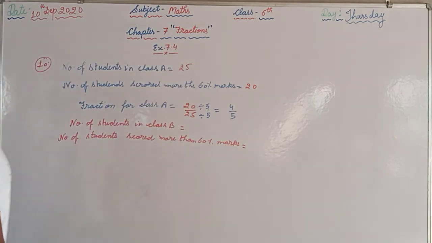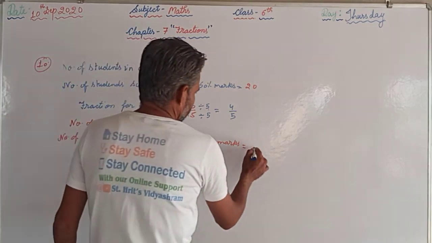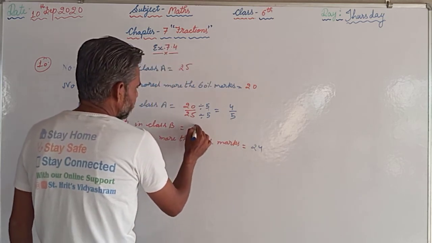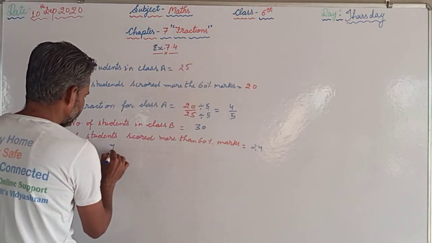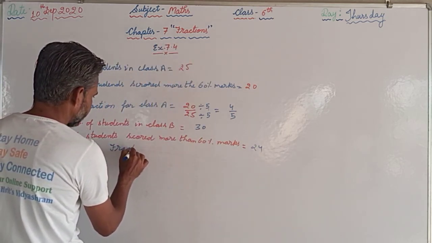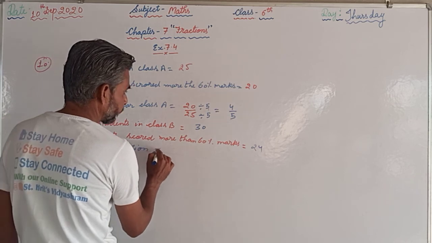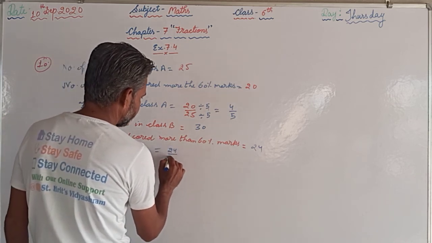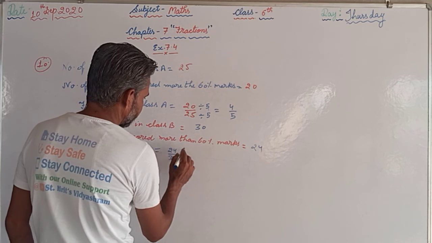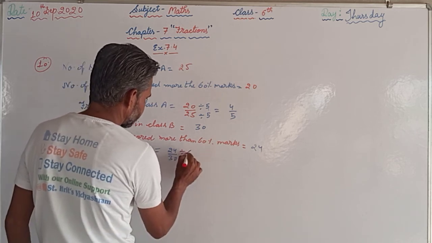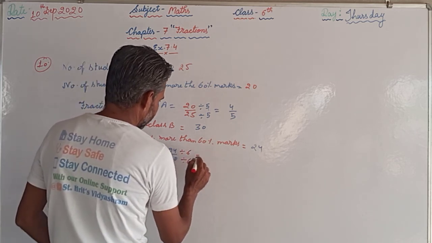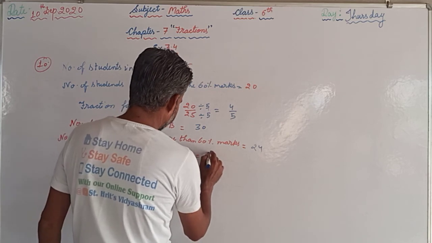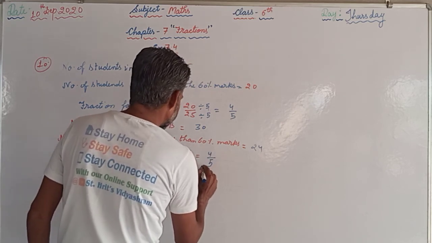Now in class B total students are 30 and 24 scored more than 60% marks. So the fraction will be 24 upon 30. It can be divided by 6. So 6 fours are 24, 6 fives are 30.